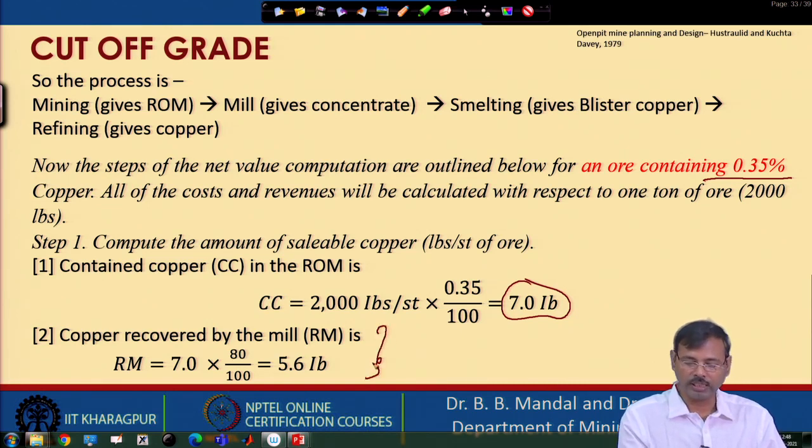In a realistic case, the moment you change the grade, obviously there is an effect on the mill recovery, and there is an effect on the copper concentration in the concentrate also.